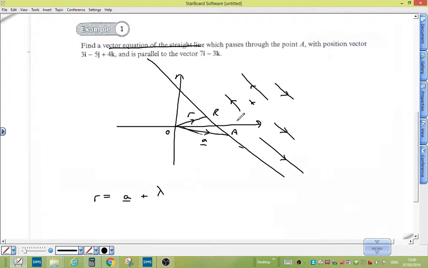So I'll put this down as B. Don't care if it's going back or forth along that line, it doesn't matter. So B is called your direction vector. This one here is called your position vector.